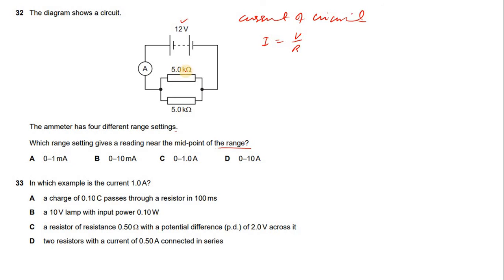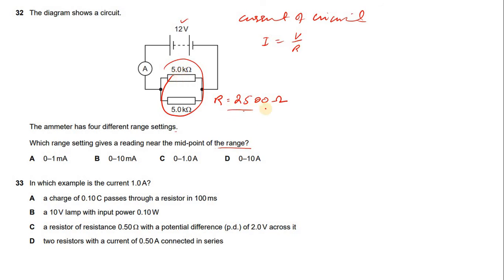So 5000 ohm and 5000 ohm, two equal resistances connected in parallel. When two equal resistances are connected in parallel, the combined resistance is half of their values. So the combined resistance R will be 2500 ohm, half of 5000.